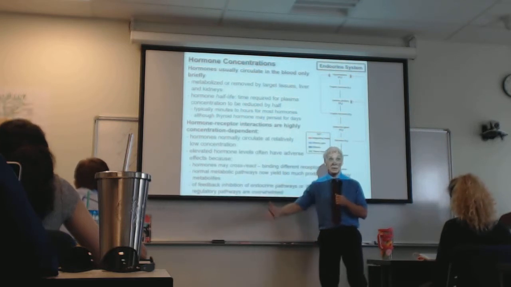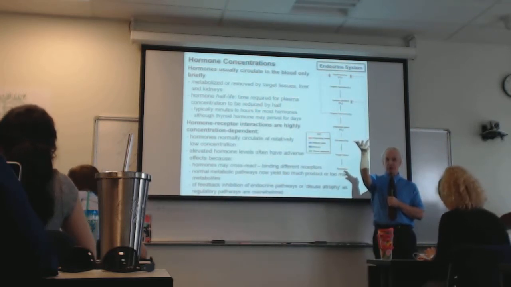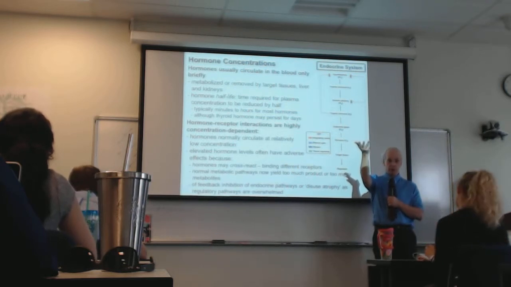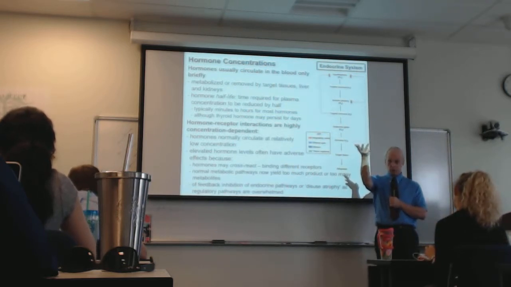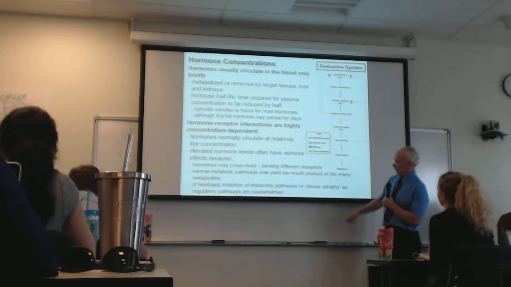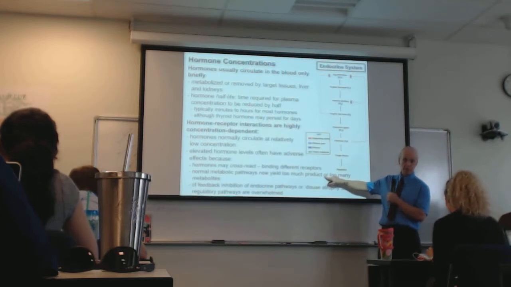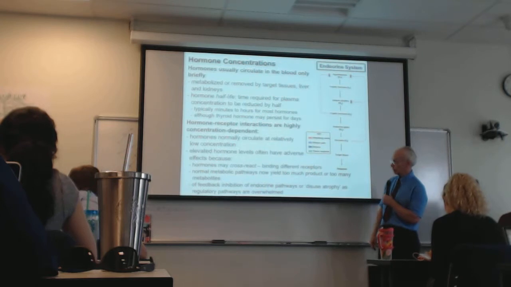If I artificially increase the concentration of the hormone above normal levels, it may start binding to receptors and have consequent physiological effects that under normal circumstances would not occur. And that can be unfortunate because normal metabolic pathways may be deranged as a consequence. They may go off track.